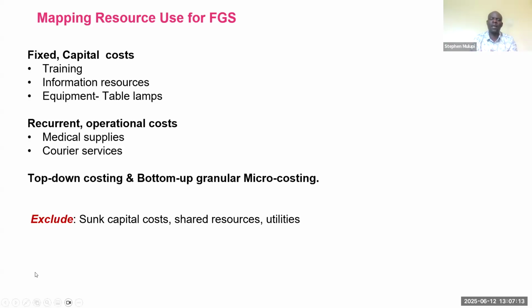Then you'll be able to estimate cost based on the number of people who are consuming. We excluded sunk costs like infrastructure. The facilities were already there, so we did not need to attribute any cost of building them or maintaining them. They'll be maintained anyway, even if we don't have FGS services provided. Next slide.